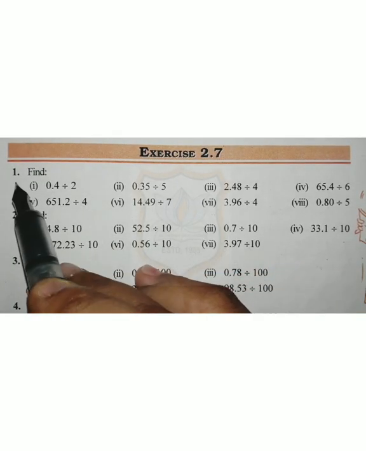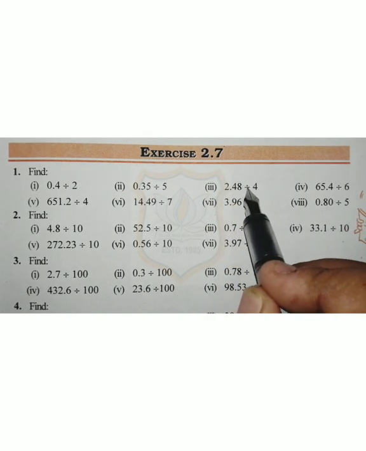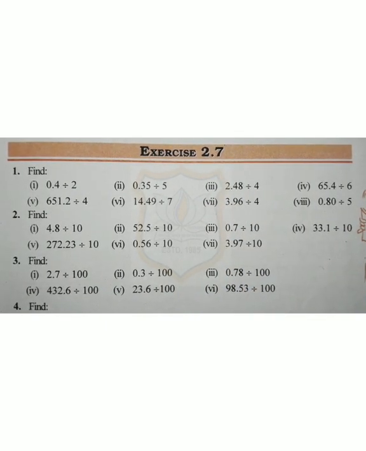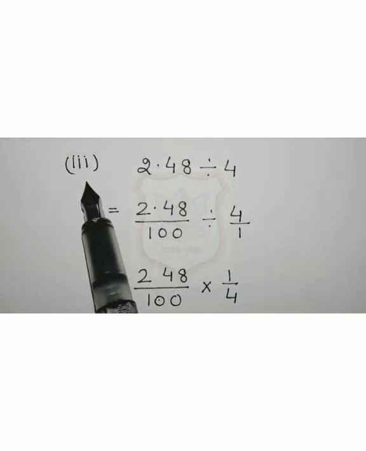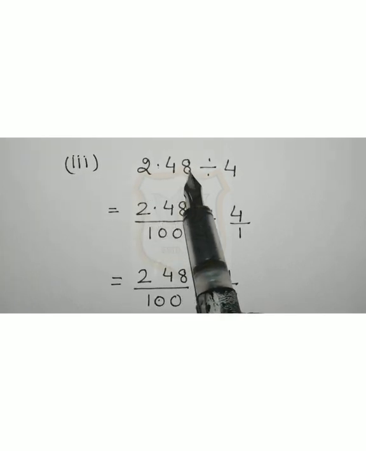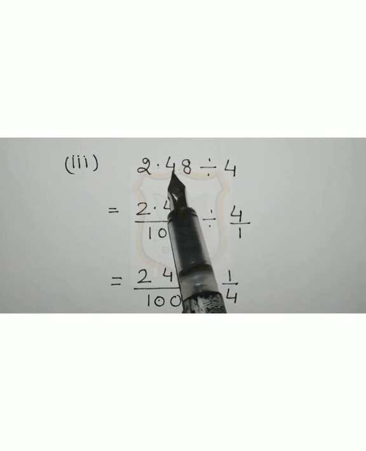Third part of question number 1, exercise 2.7 is 2.48 divided by 4. So students, let's solve part 3rd of question number 1, exercise 2.7. And that is 2.48 divided by 4. Students, first we have to remove this decimal from 2.48.